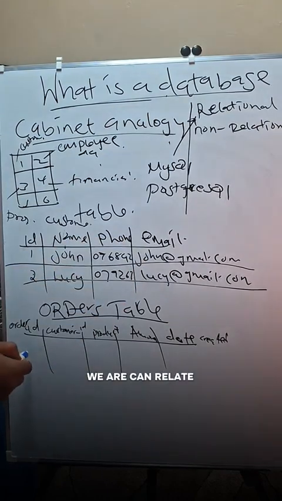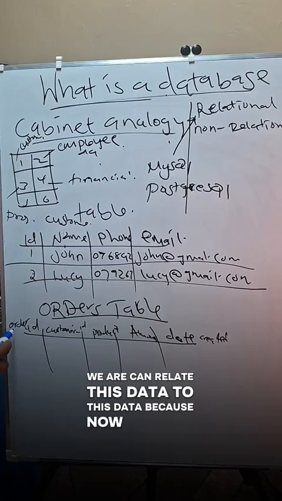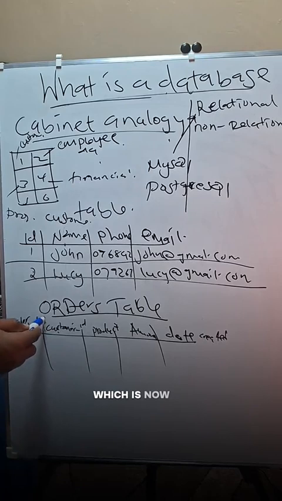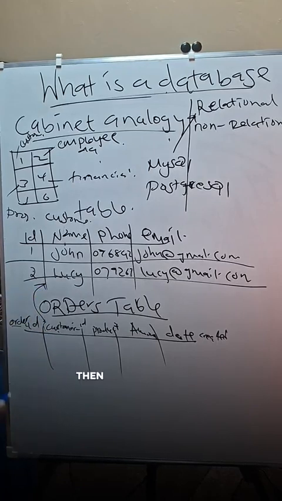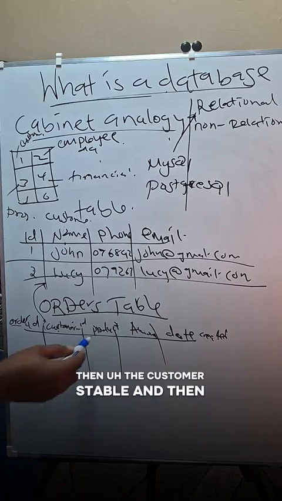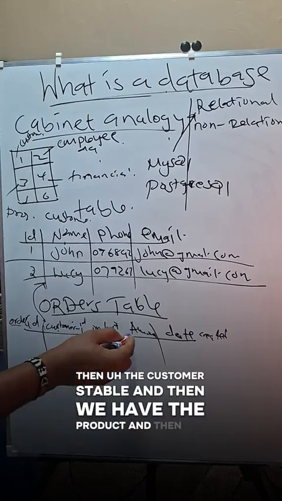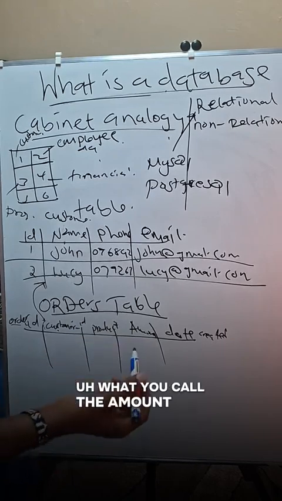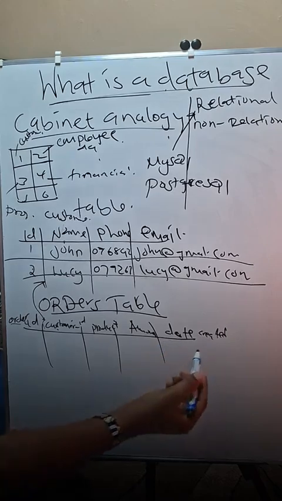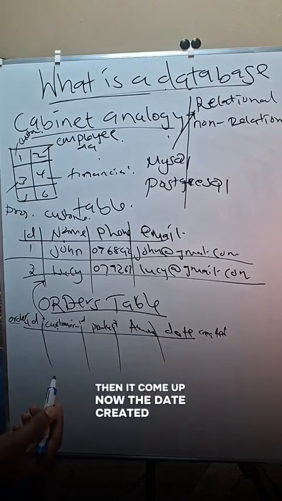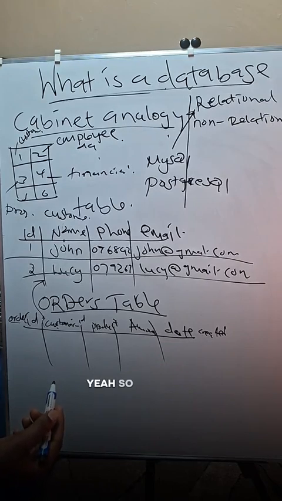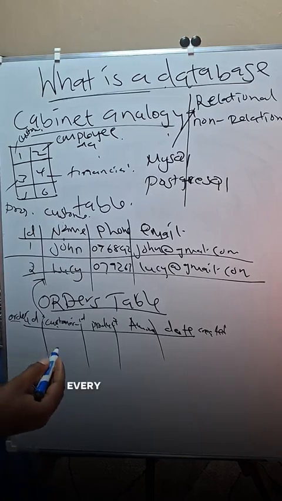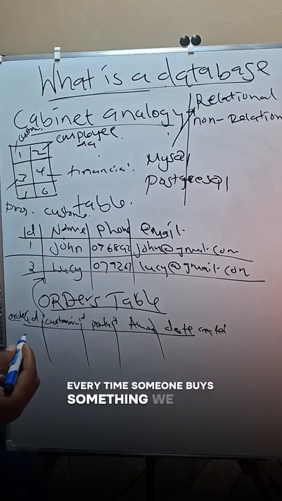We can relate this data to this data, because we have the order ID and the customer ID, which is fetched from the customers table. Then we have the product, the amount for that specific product, and the date created. Every time someone buys something, we save it in the orders table.